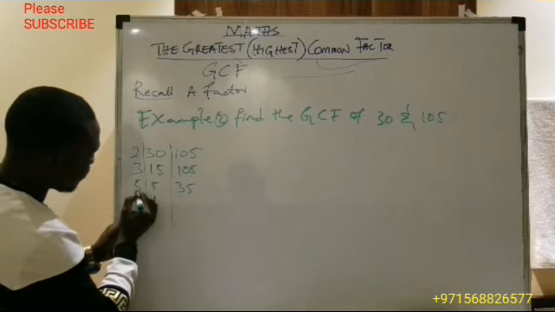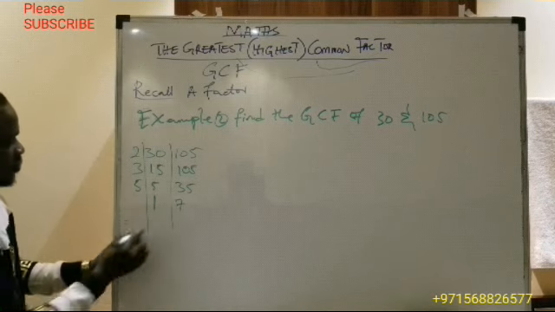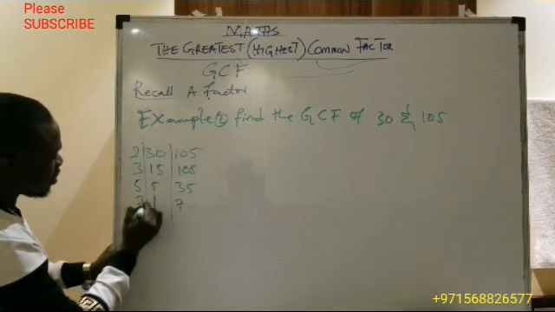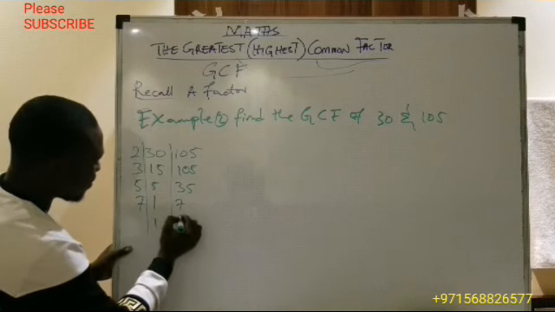And 35 divided by 5, we have 7. 7 into 1 cannot go. And 7 divided by 7 is 1.